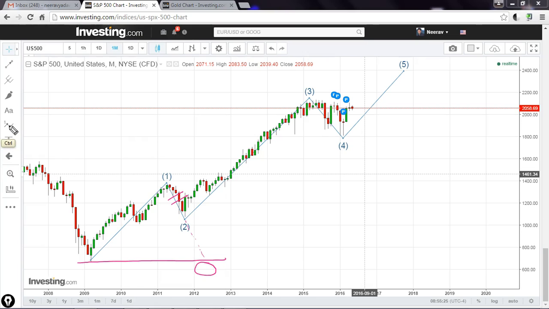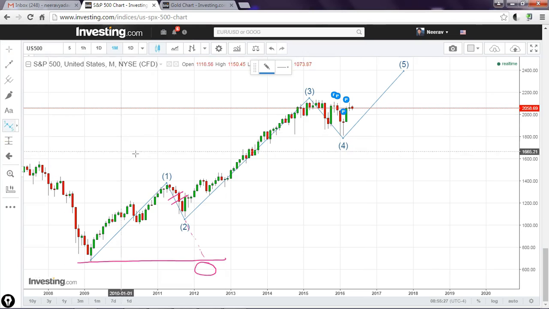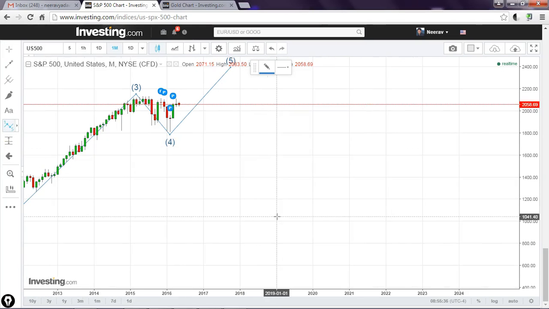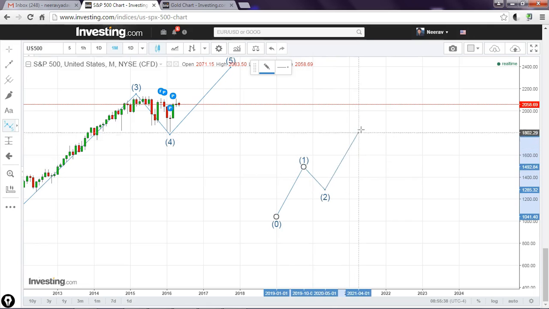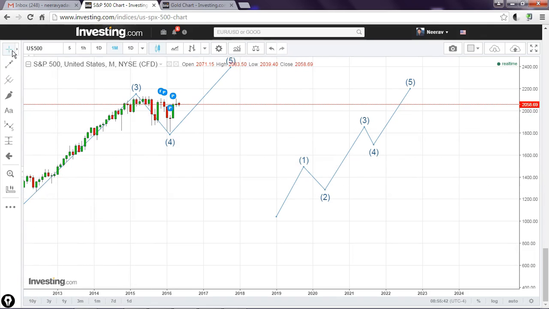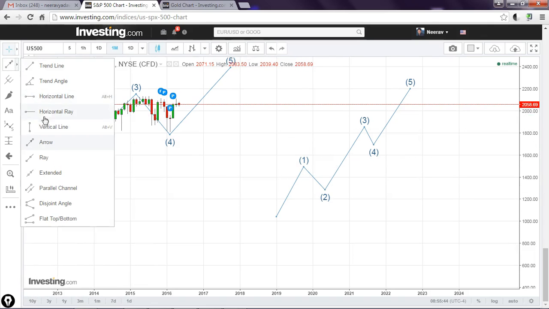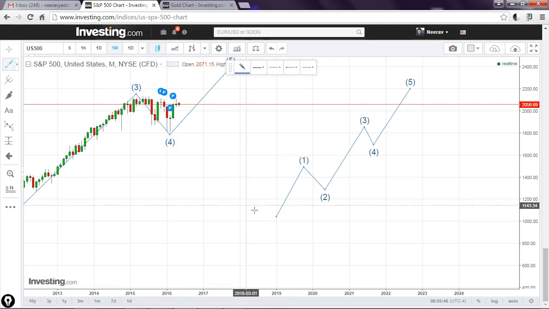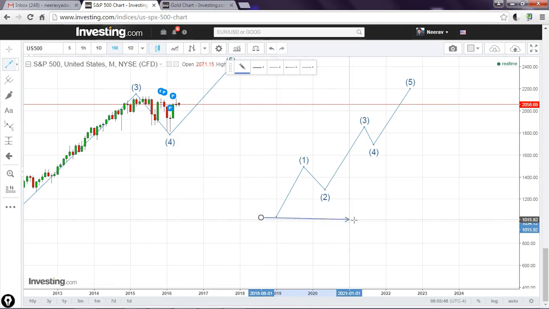Let's just understand this on the free area on the chart. Let me draw a 5-wave progression, and let's mark the starting point of wave 1 with an arrow. So this is the starting point of wave 1.